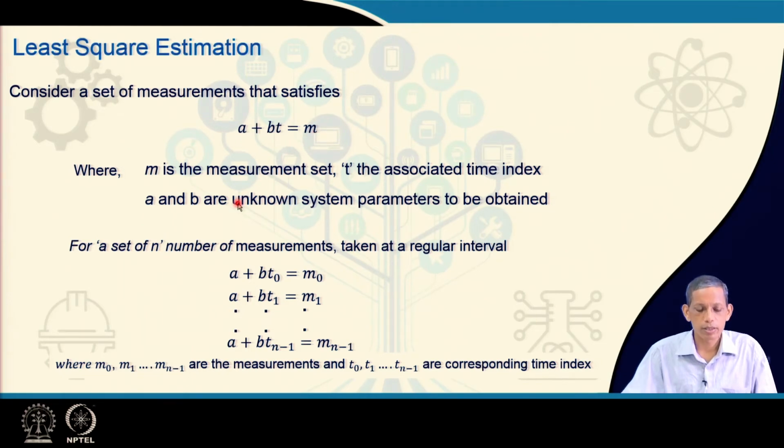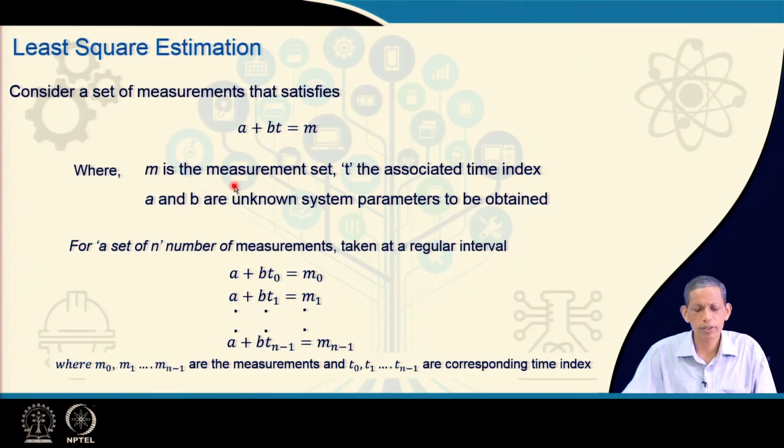Now, A and B are the system parameters, which happen to be not known to us, and these unknowns are to be estimated in this process. You might have come across such least square estimation in curve fitting techniques or as a tool in signal processing. We are addressing the same thing here.